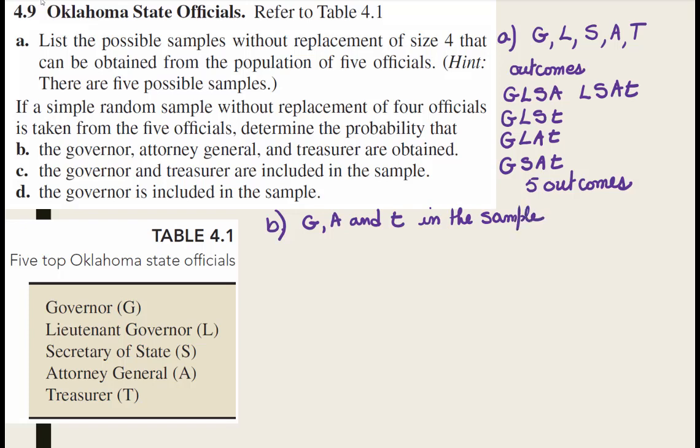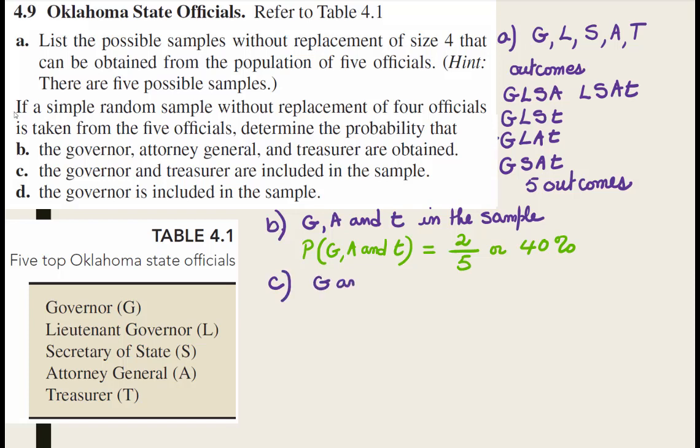We have GLAT, GSAT, and that's it. So the probability of G, A, and T is 2 out of 5, which is 0.40 or 40%, 2/5.